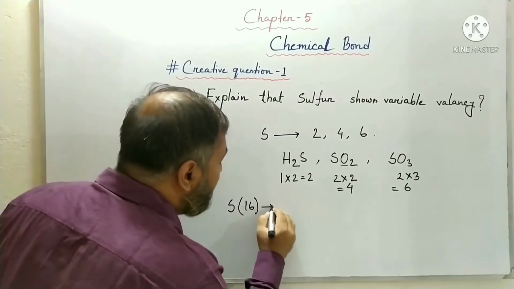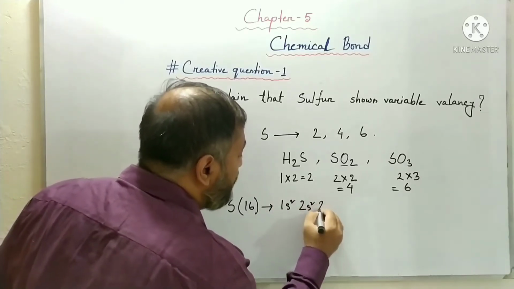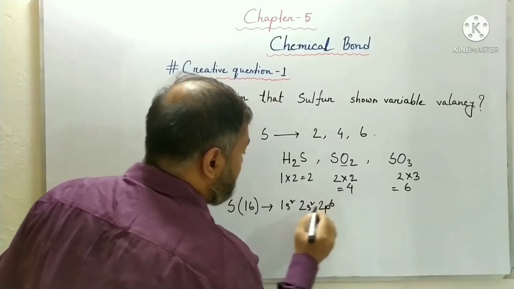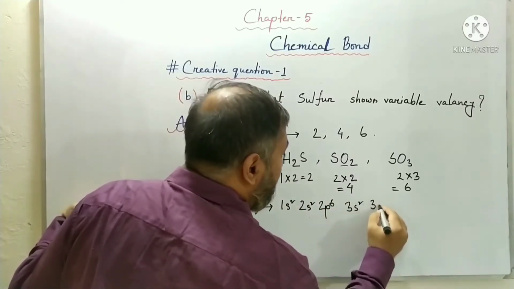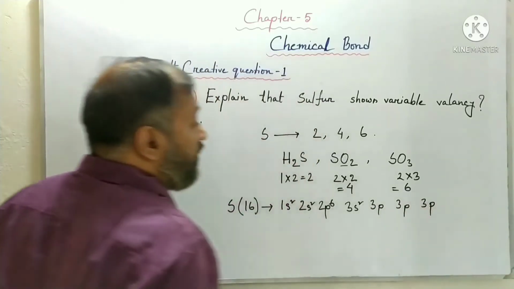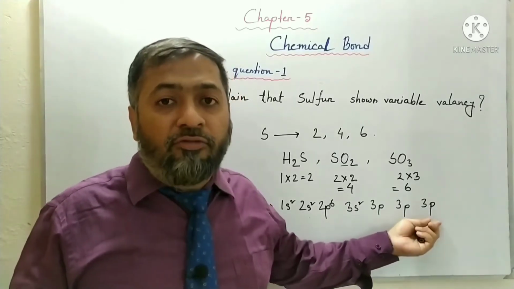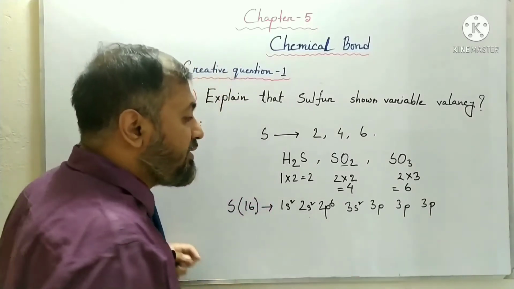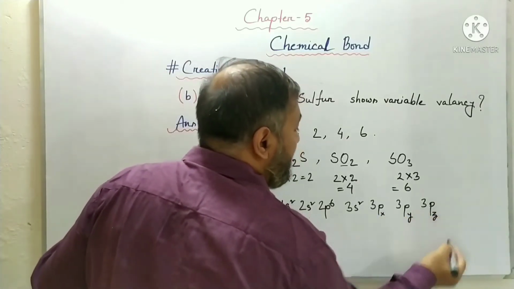So when we go through the electronic configuration of sulfur, we will be able to observe 1s2, 2s2, 2p6 and 3s2 and 3p, 3p, 3p. According to the law of electronic configuration, there are 3 different orientations of the p orbital. The first one is the px orbital, py orbital and pz orbital.